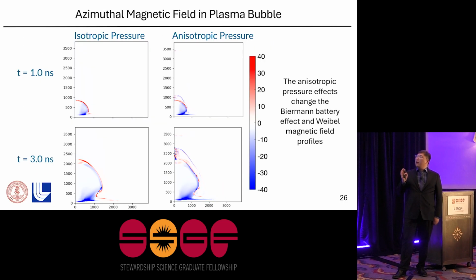So what I'm plotting here is the azimuthal magnetic field profiles, assuming isotropic pressure on the left and anisotropic pressure on the right. And you can see that the shock propagation is about the same, but actually the strength of the magnetic field in the anisotropic pressure test case is a lot higher, and you get a lot more of these small-scale features that are indicative of the Weibel instability.